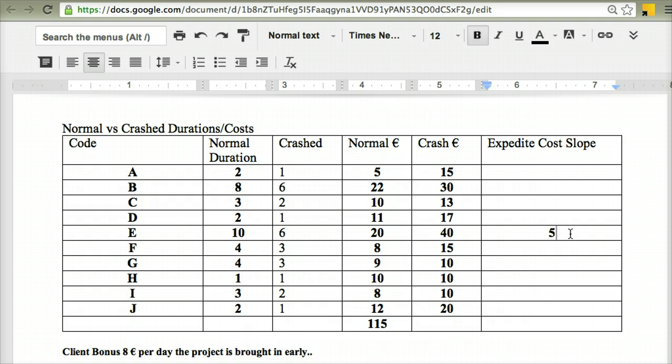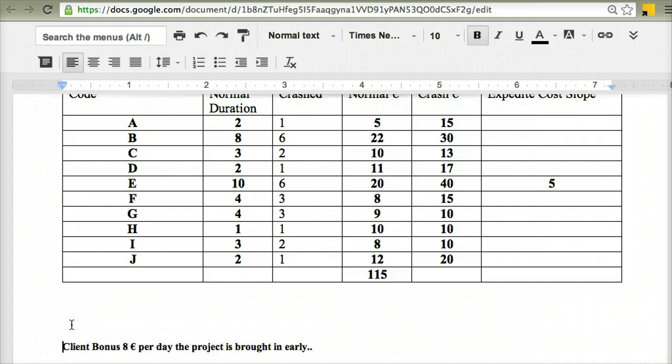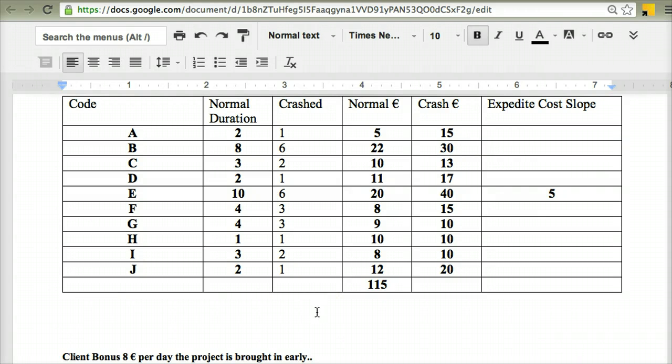Now, based on these examples, I usually do that logic in my head, but I could easily write out a formula to help me do it if I wanted to. So just give myself a little bit of room here. What I'm going to do is write out the calculation that I just did. I'm going to say the crash amount, which is crash euro, subtract the normal amount, whatever that normal cost is, put that in brackets.